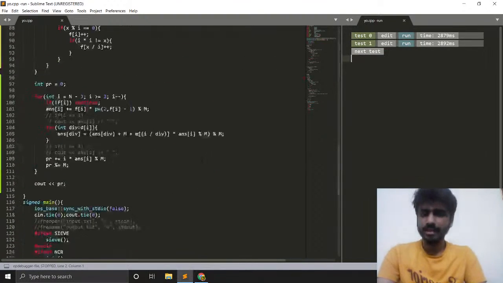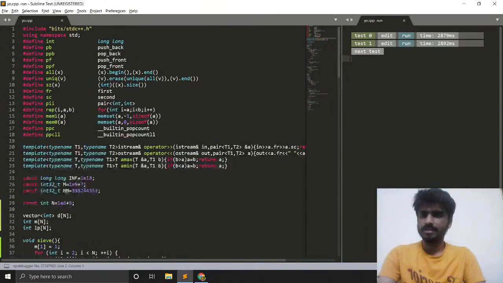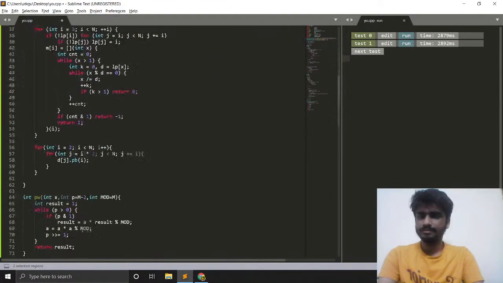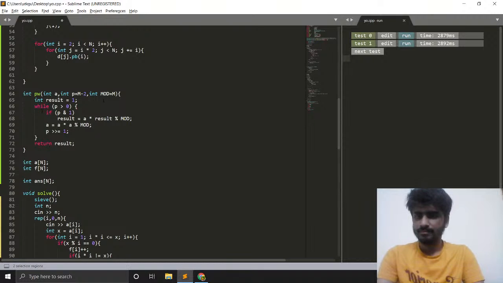Okay, so these are right, but I think there's a good chance this might cause a TLE. So let me just remove this line.